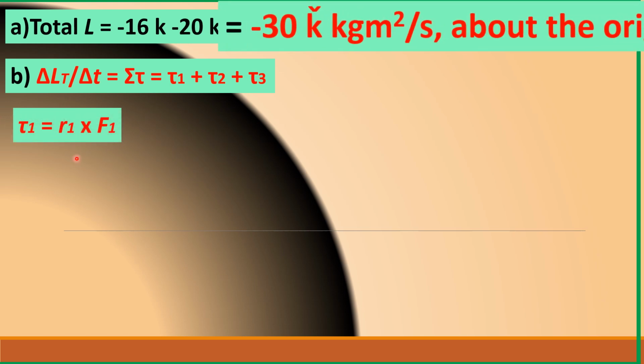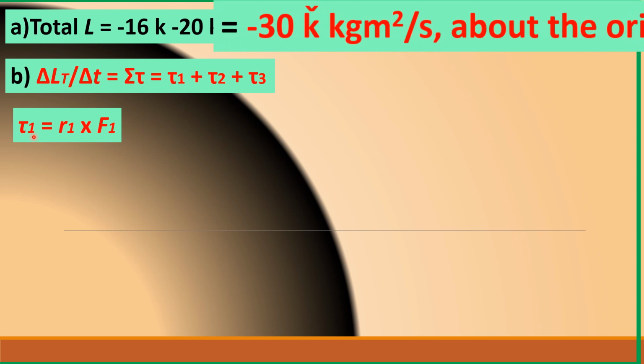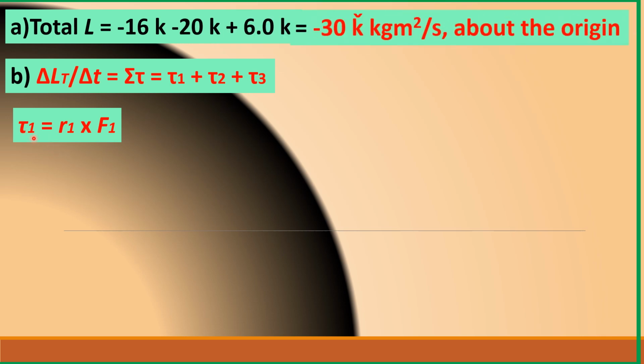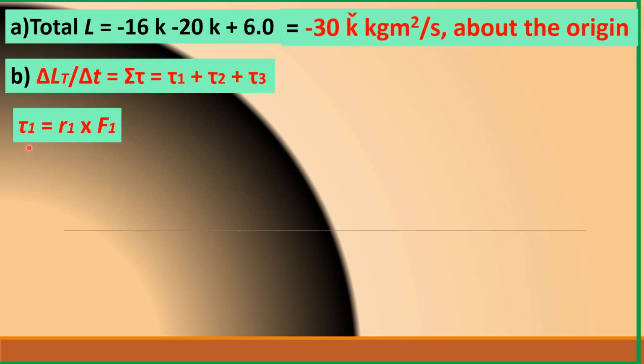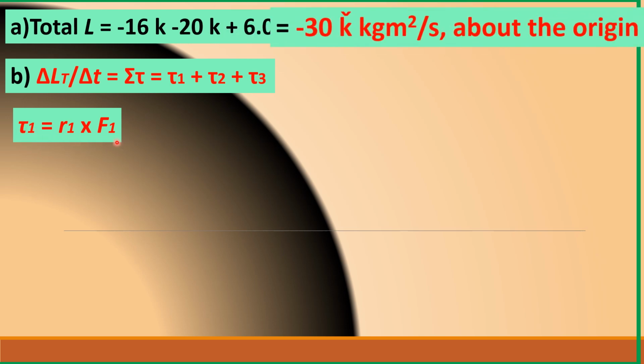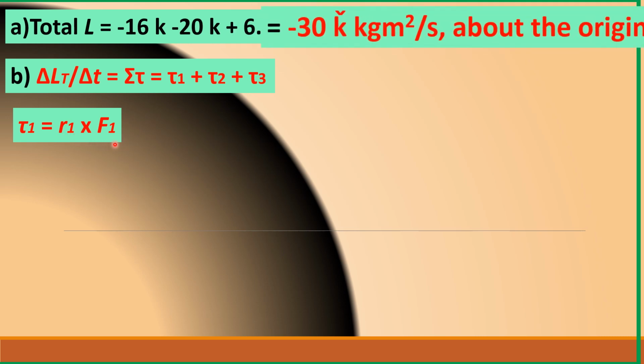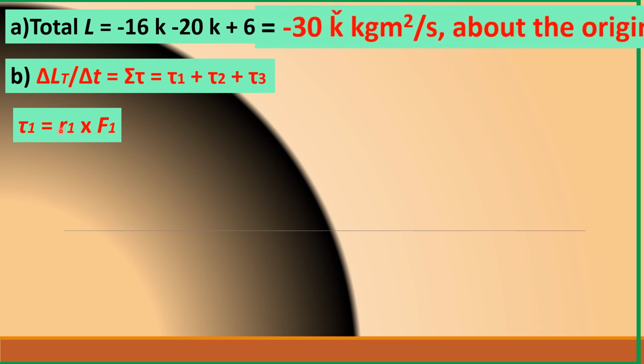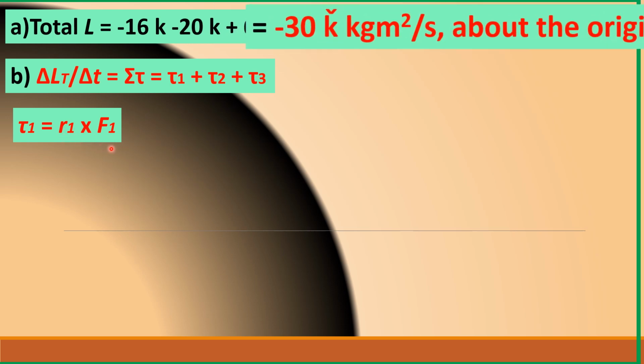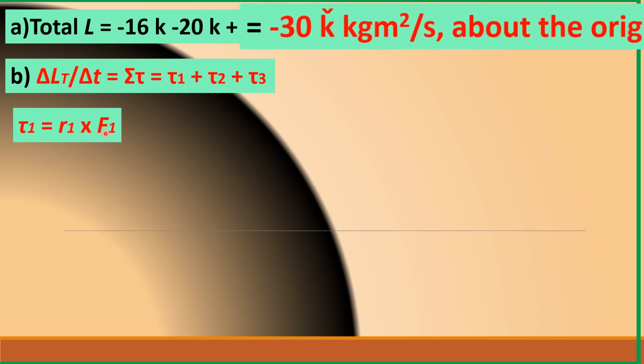And torque number 1, denoted here by the Greek letter tau, representing torque. Again, we are doing a vector multiplication. We multiply the position vector r1, cross multiply it by the force F1.